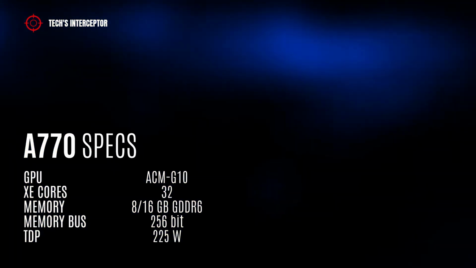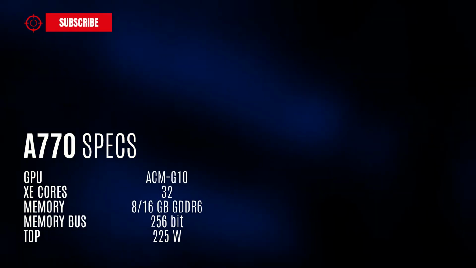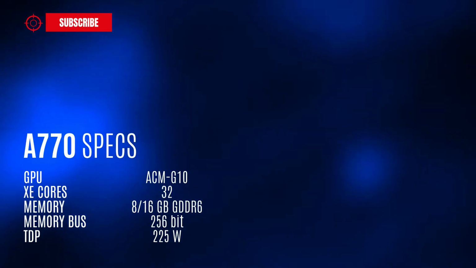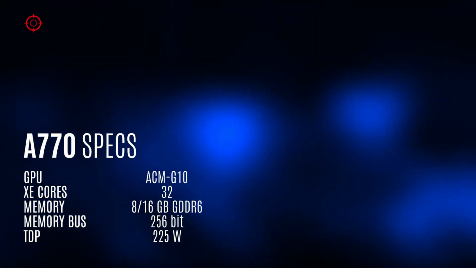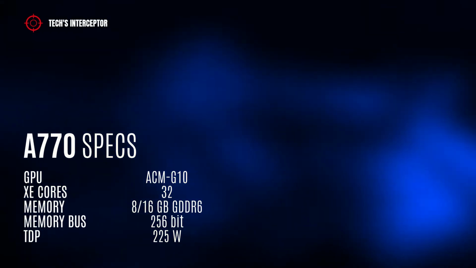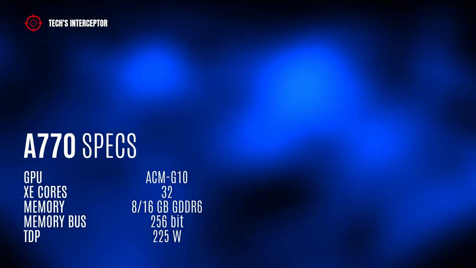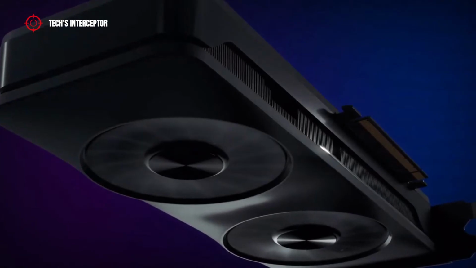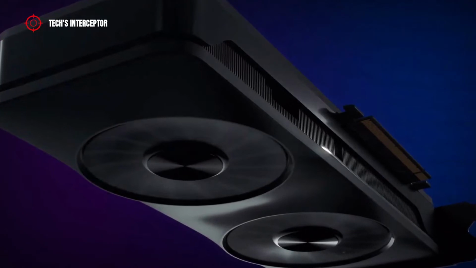The A770 SKU will have 2 variants, one with 16 and the other with 8 GB of GDDR6 memory. Both models should have the ACM G10 GPU, 32 Xe cores, 256-bit memory bus and 225 watts of TDP. To underline, there is no trace of the much discussed A780 SKU. Where is it? Where did it go?